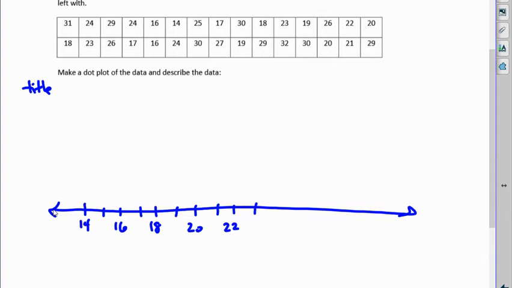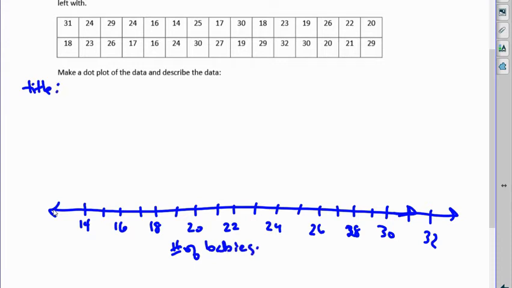So I'm just labeling 23, 24, 26. I'm going up to 32. 27, 28. Well, those 28. I'm going to have to make this longer. 30, 31, 32. Okay, number of babies.